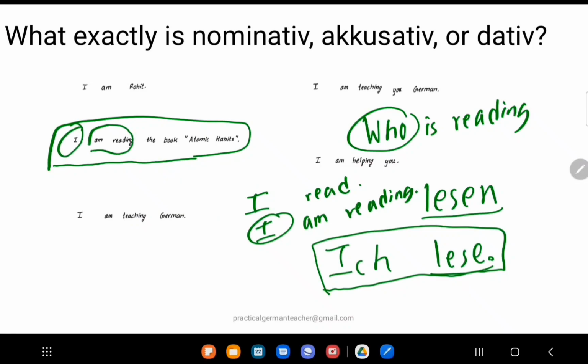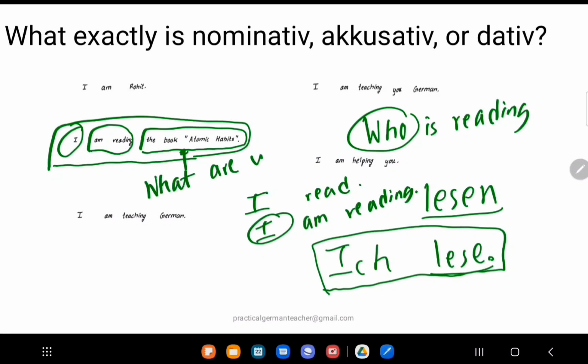So this is the action that is being done. Now, if you want to ask the question about this one, so I am reading the book Atomic Habits. If you want to ask a question for this entity, how will you say? Will you say who is the book Atomic Habits? Then the answer will be something else, right? So here you have to ask what. And what will you ask? What and the action.